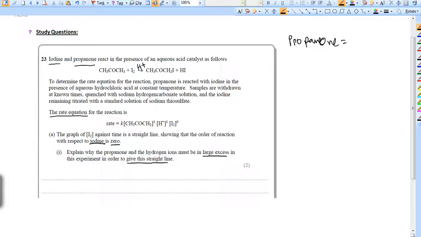Propanone is in excess and H plus is in excess. It is given in the question. But here, iodine is limited.